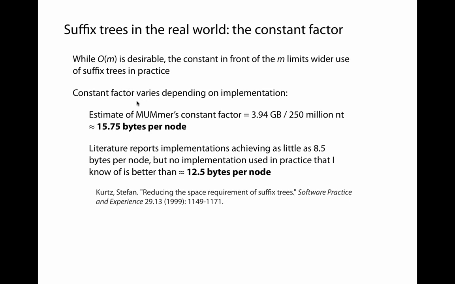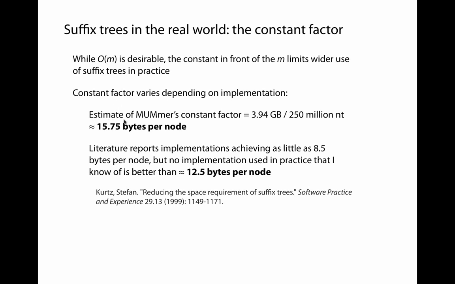And the constant factor in terms of how much space the suffix tree takes up varies quite a bit depending on the implementation. So you can imagine the exact data structures used to store the nodes and the edges of the suffix tree matter. And you can be clever about trying to compact those data structures as much as possible.